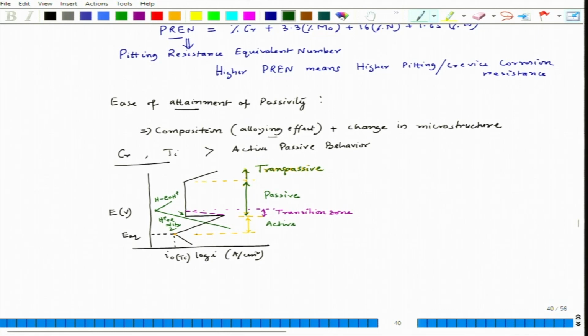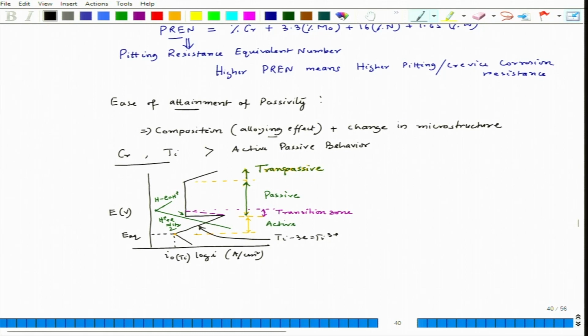Okay. We are talking about cathodic polarization, and this particular part is titanium. So here titanium is actually dissolving in the form of Ti3+.